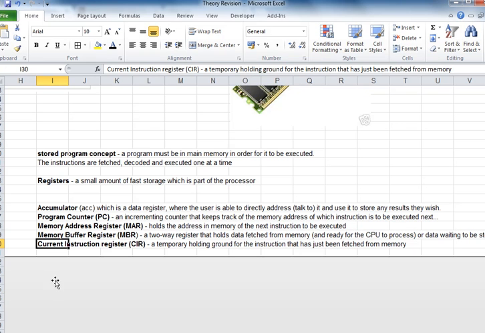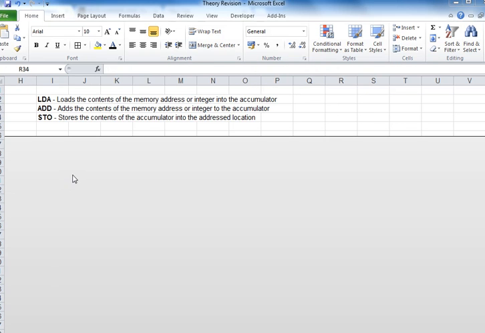In our example of the fetch and execute cycle, we'll consider assembly language programming. We have instructions such as load, LDA, loading the contents of memory into the accumulator, adding the contents of memory, and storing the contents of the accumulator at an address location.